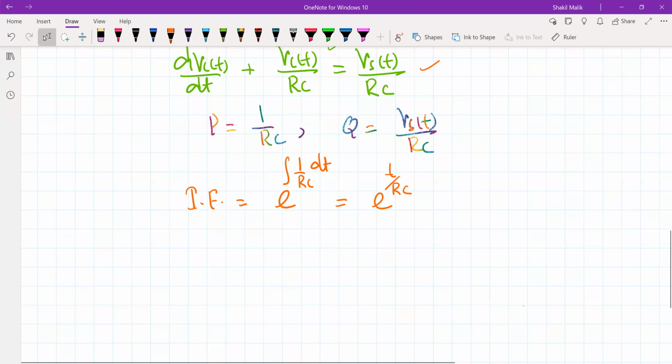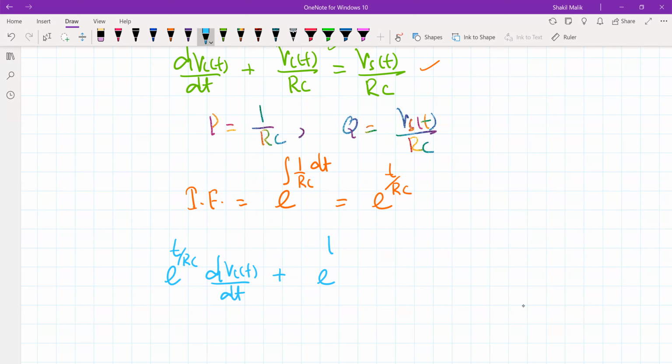All right. So multiplying both sides by this integrating factor, we'll get e to the power of t by RC dVc(t)/dt plus e to the power of t by RC Vc divided by RC is equal to e to the power of t by RC Vs(t) divided by RC.